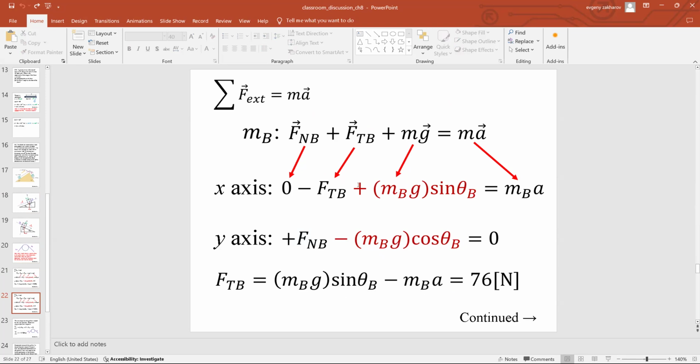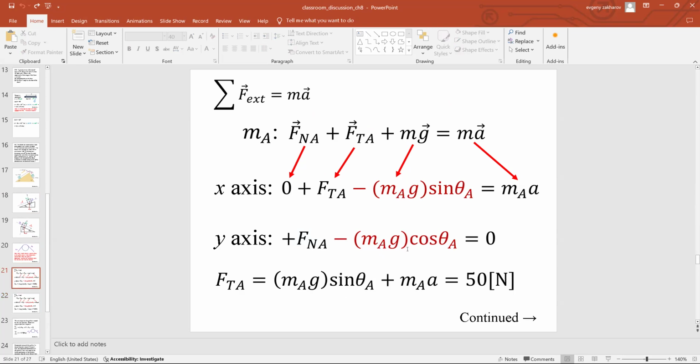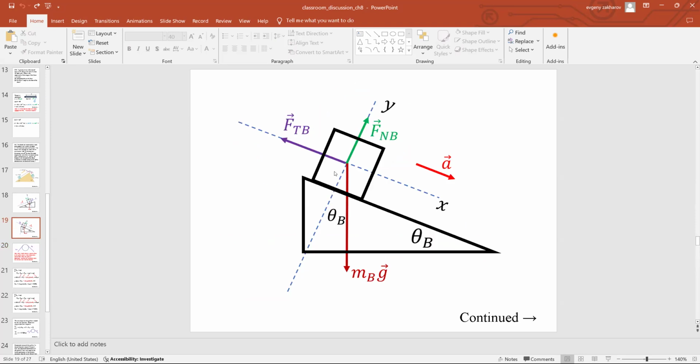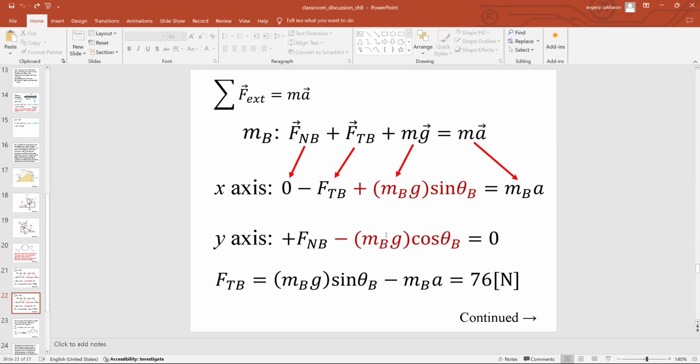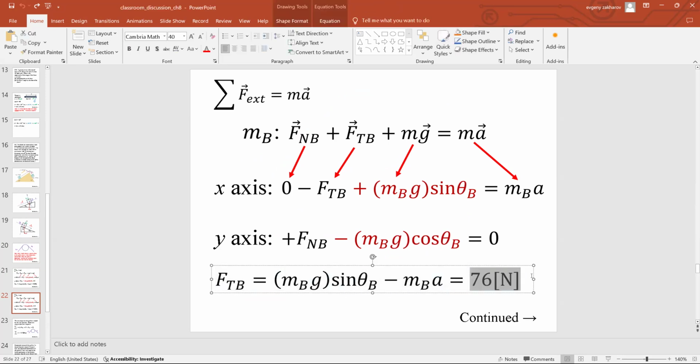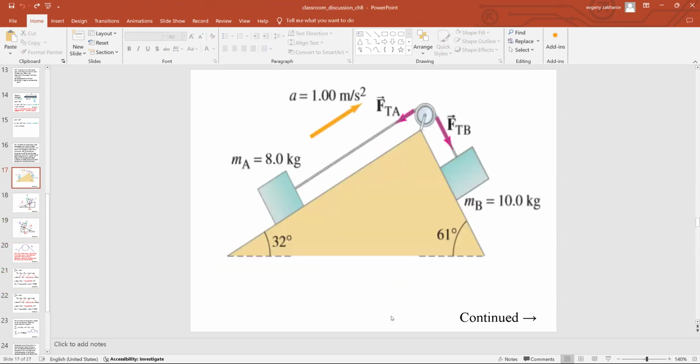For block B, same equations. Positive for sine, negative with cosine. The free body diagram tells it all. Go ahead, check your understanding of components. You will get 76 newtons for the tension, which is consistent with what you expect.